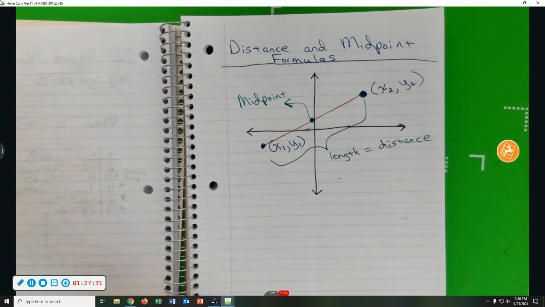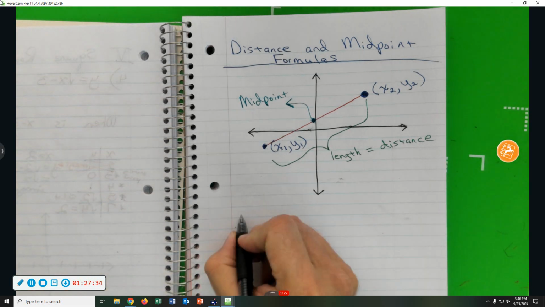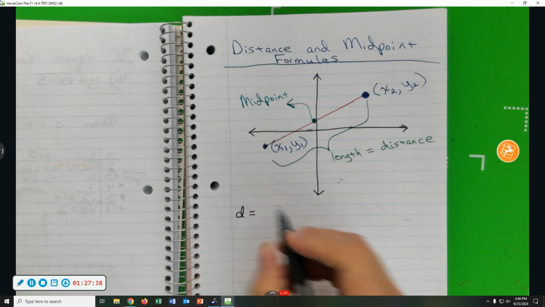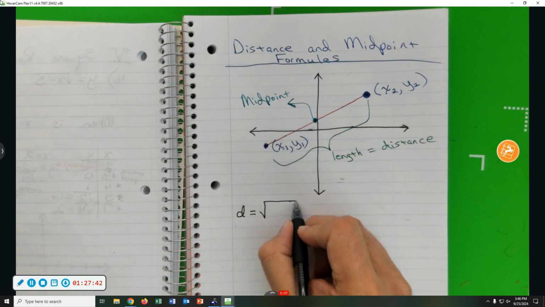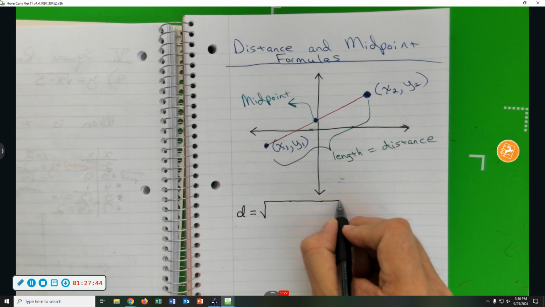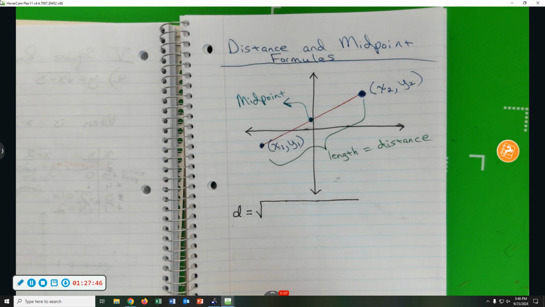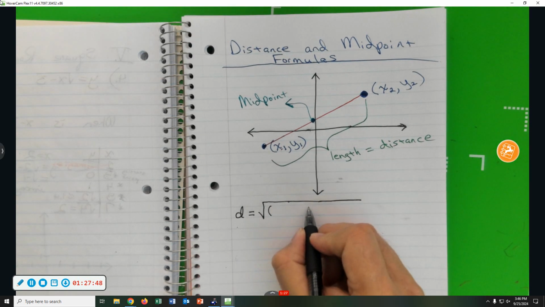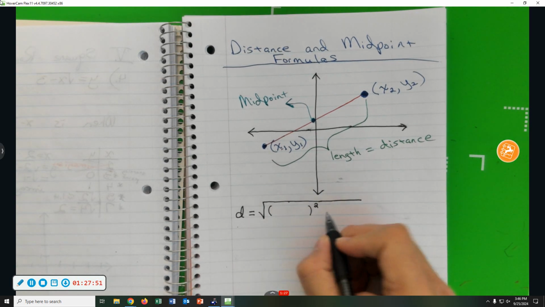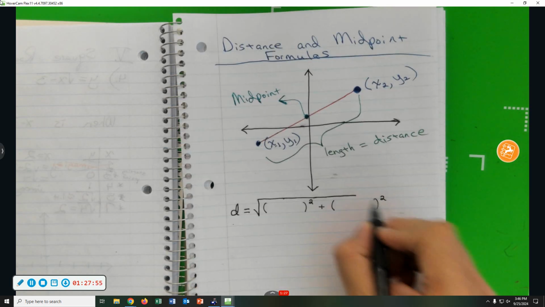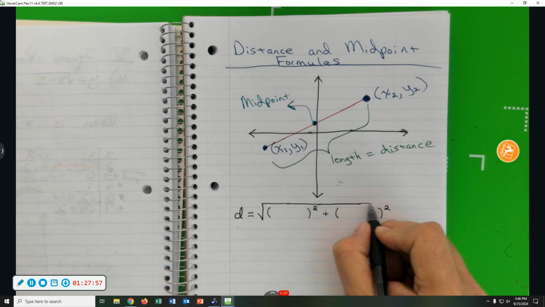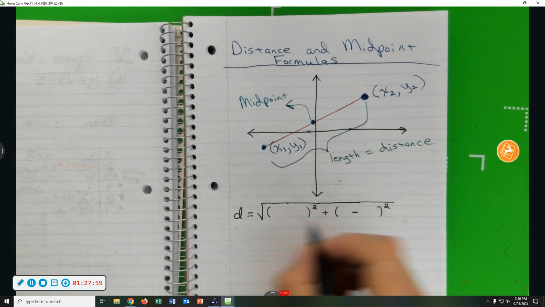So, to calculate the distance, don't panic too much when you see it. I'm going to say D for distance equals, and it's going to be a big square root of some parentheses squared plus parentheses squared.